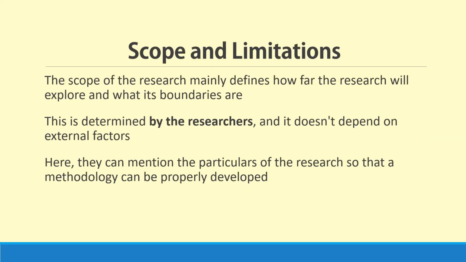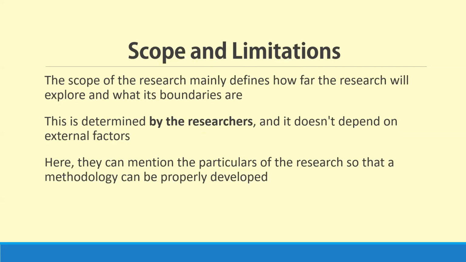And coming back to scope and limitations. The scope is what we define as the boundary of the research, or the boundary of the work that we are going to do in the research. For example, the study area, or the location, or the tools and techniques we are going to use, our timeline, or the theories, concepts, equations that we are going to use, or the testing procedures, the standards we are going to refer to.